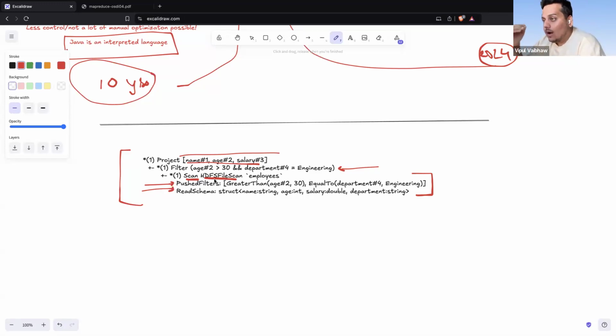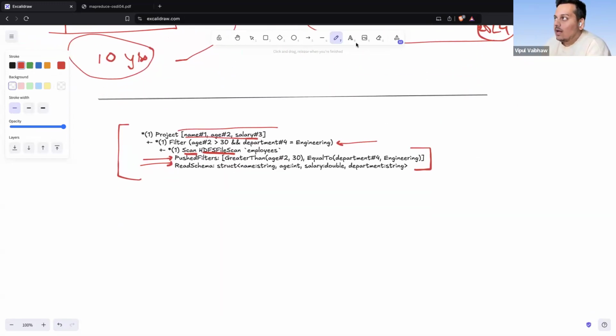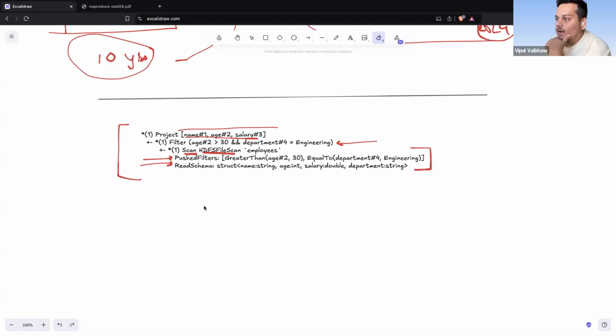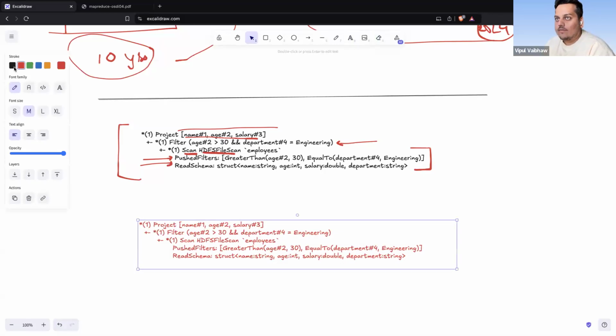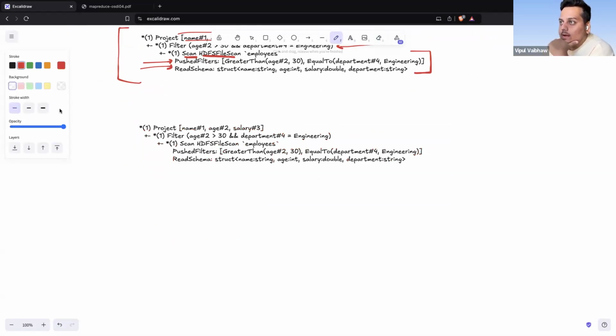Now the question is, what optimizations are possible? We are talking about accelerating things, right? One thing which is critical for acceleration, since we have the code gen versus SIMD approach, is that when we have a physical plan, we can ask some software to rewrite this plan for me.